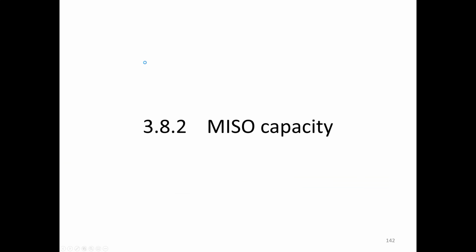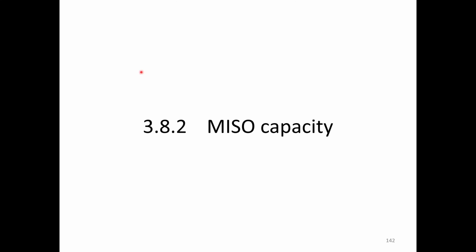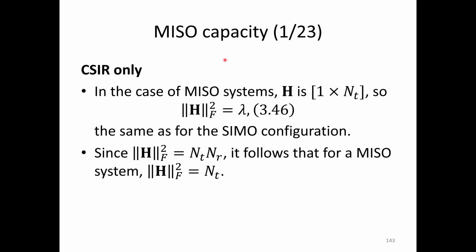Next, let us see section 3.8.2, MISO capacity. First we also consider the CSIR only case.